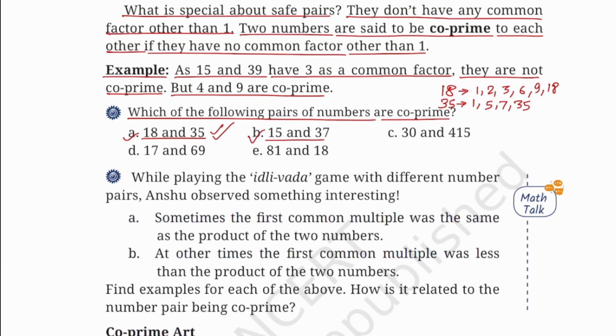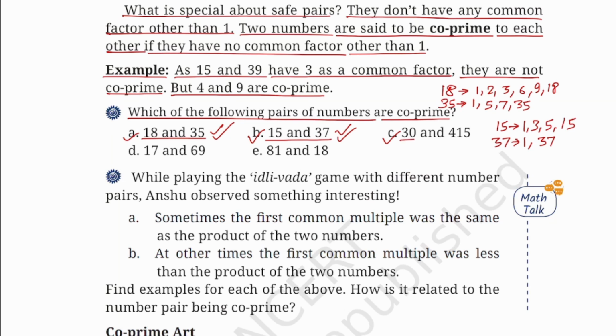B. 15 and 37. Factors of 15: 1, 3, 5 and 15. Factors of 37: 1 and 37. That means 15 and 37 are coprime as they have no common factor other than 1.